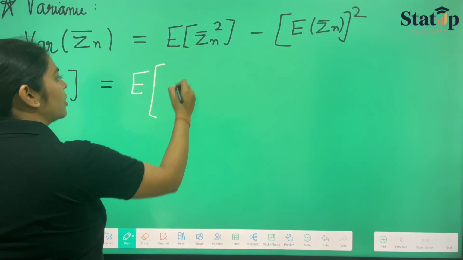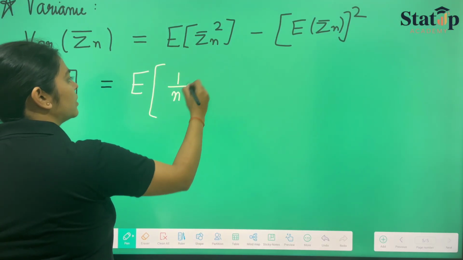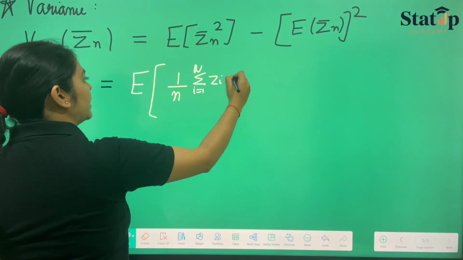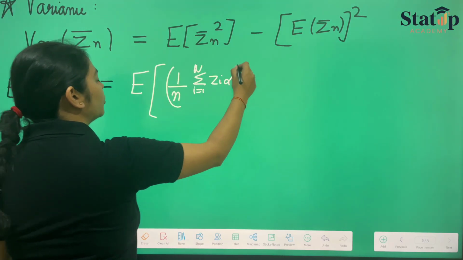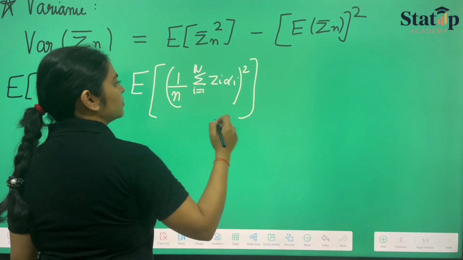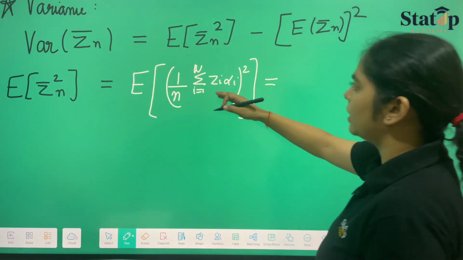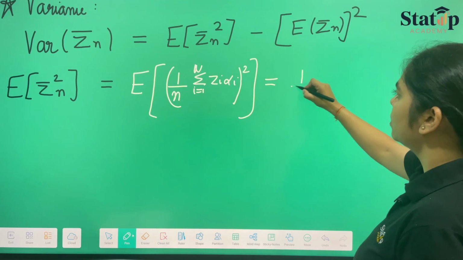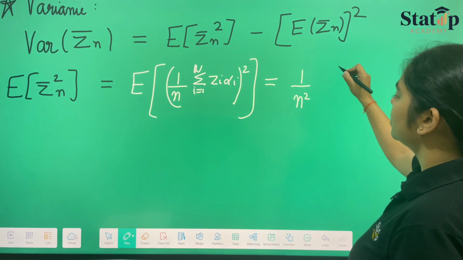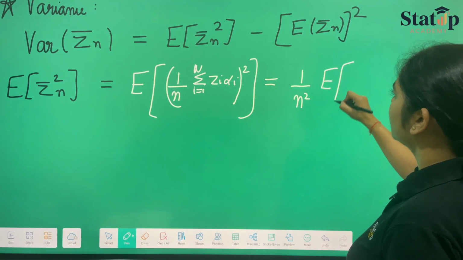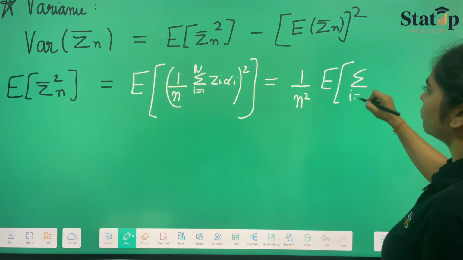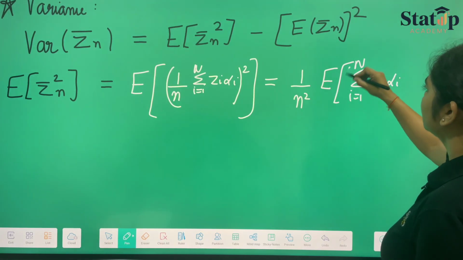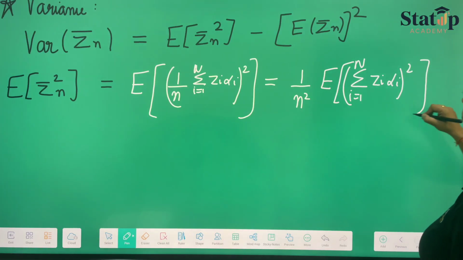So this can be written as expectation of 1 upon n summation i goes from 1 to n zi alpha i whole square. Now 1 upon n square can come outside of the expectation, so it will be 1 upon n square expectation of summation i goes from 1 to n zi alpha i whole square.